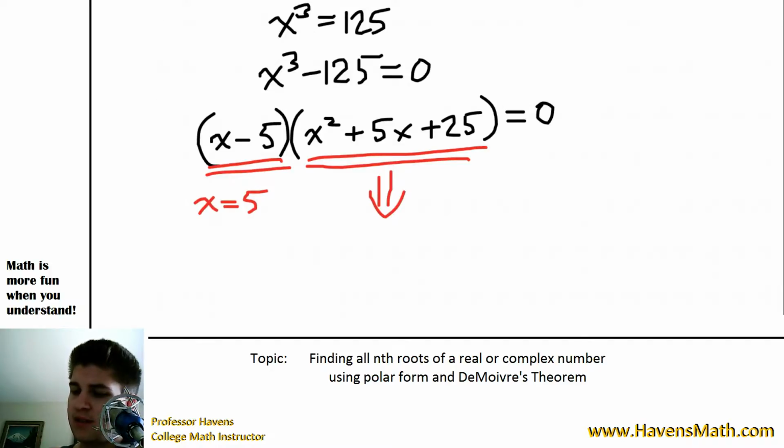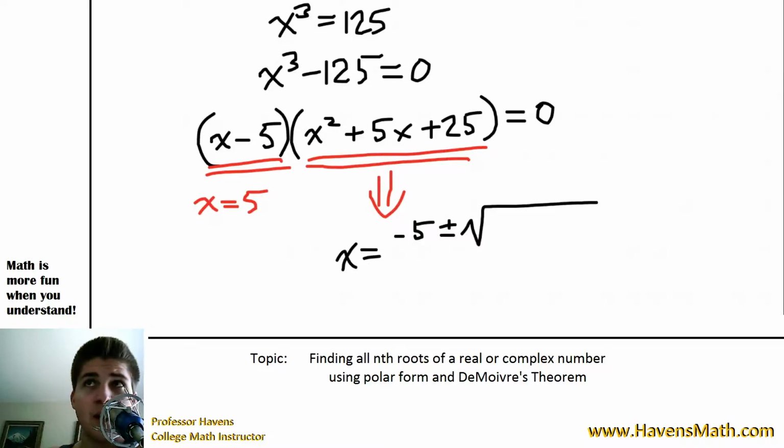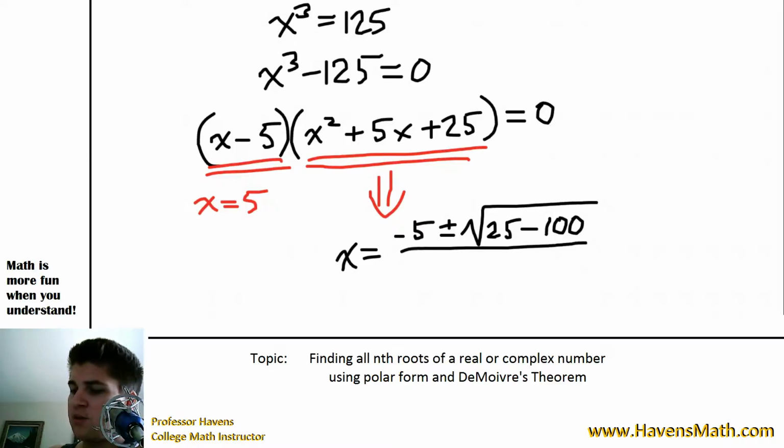So we would get x is equal to negative b plus or minus the square root of b squared, so b squared in this case is 25, minus 4 times a times c, so a would be 1 and c would be 25, so 4 times 1 times 25 is 100, all divided by 2.